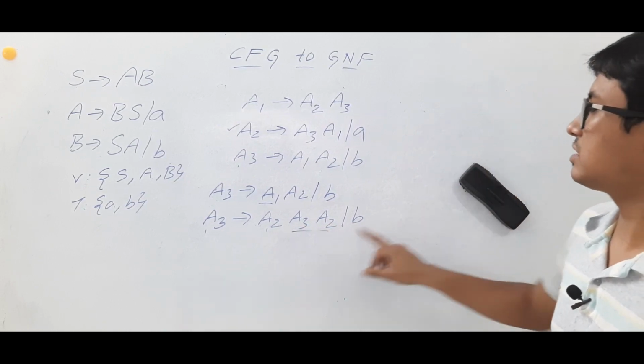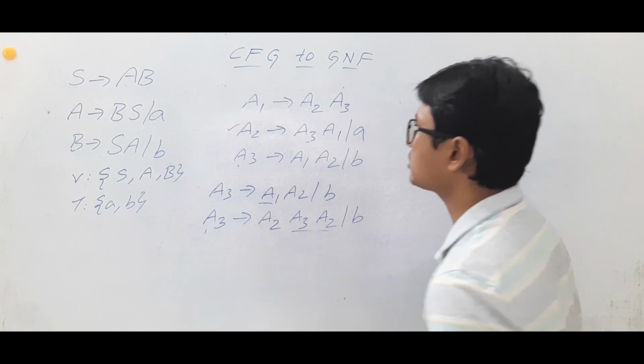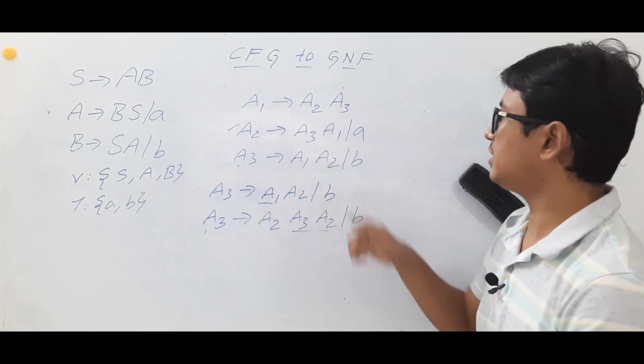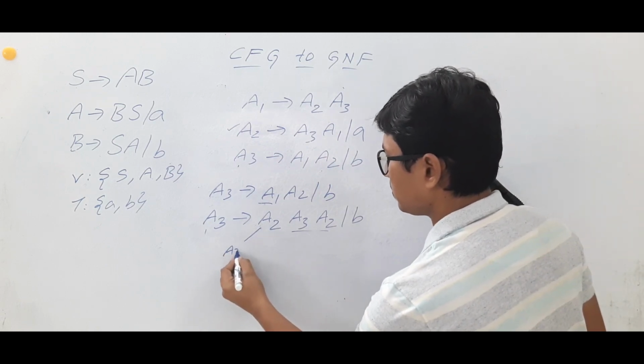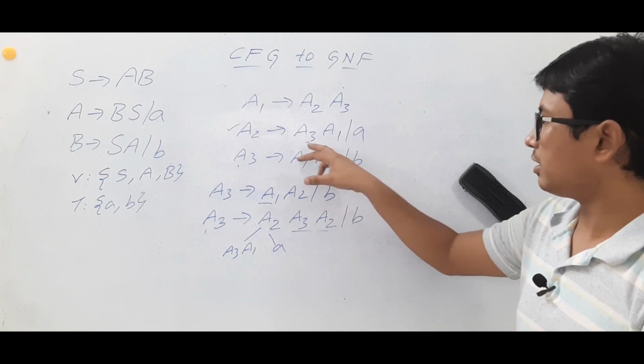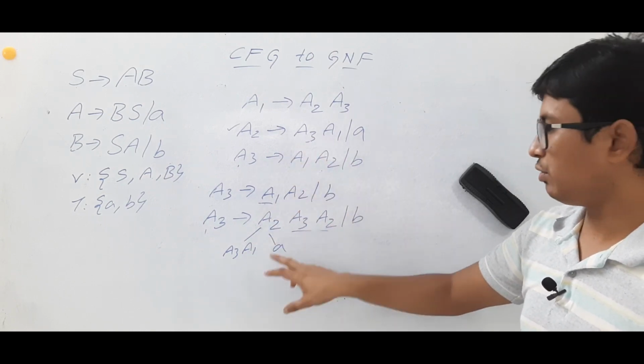Now we will see what I can keep in place of A2. In place of A2, I can keep A3, A1 or I can keep A. Am I right or wrong? In place of A2, I can keep A3, A1 or A.